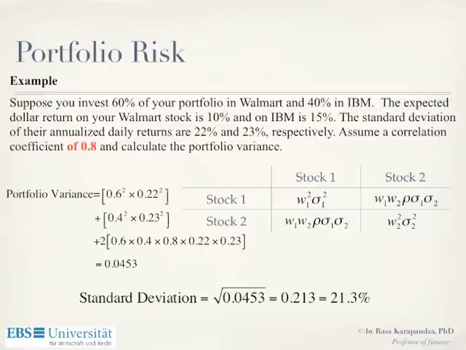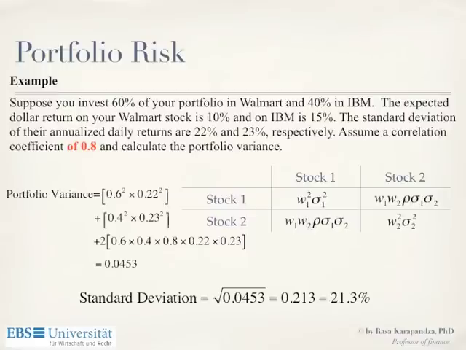Because 60% of your money grows at the rate of 10%, 40% grows at the rate of 15%, so you earn something between 10 and 15%. We can calculate how much, but this is something in between 10 and 15%. So you earn more than just by investing into stock 1, but this is even less risky than investing into stock 1. So you strictly prefer this portfolio to stock 1.